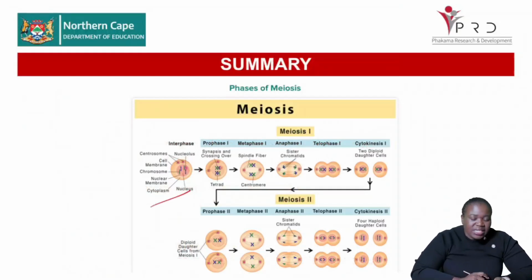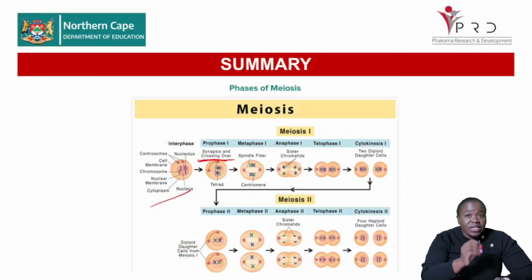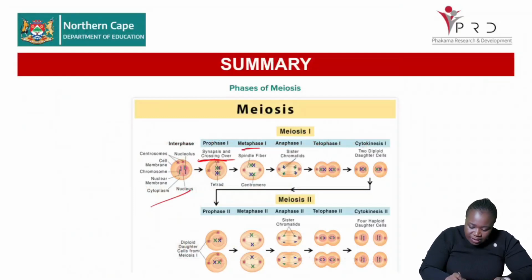Here we look at DNA replication. For the cells to have the number of chromosomes that they have at the end, it is due to the fact that DNA replication took place at the beginning. Right, prophase, crossing over. We need the cells to be genetically different from each other, therefore crossing over is very important. Metaphase, metaphase 1, random arrangement of chromosomes at the equator.